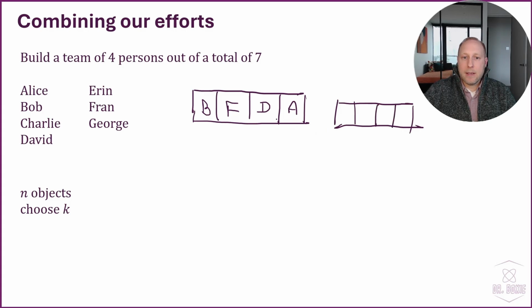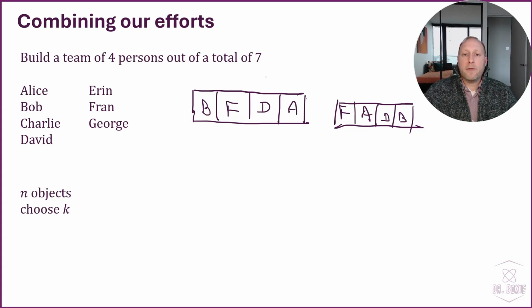So for instance, Fran first, then Alice, then David, and then Bob. The team is still the same team. It's the same 4 people. I just chose them in a different order. But if all you're interested in is who sits on the team, the order in which I chose them does not matter. And that is why we need to adjust the expression we have mathematically compared to what we had with permutations, where the order did matter.